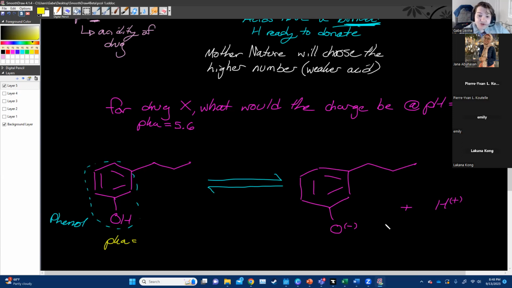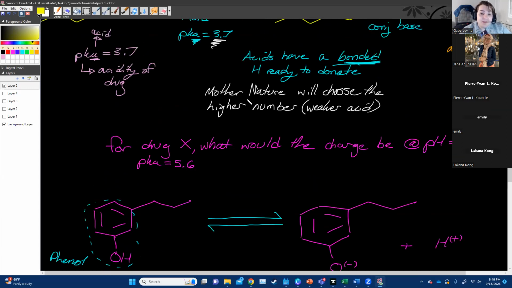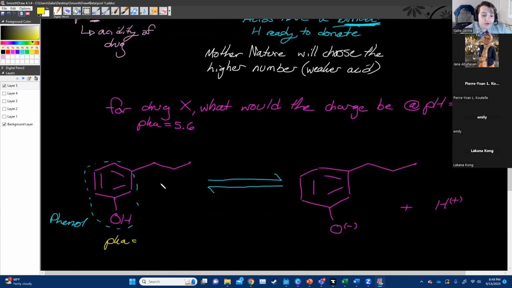The reason why the hydrogen popped off is because acids donate a hydrogen. That is the function of an acid. So what we are essentially looking at here is the comparison of the drug, so the pKa, versus the pH.